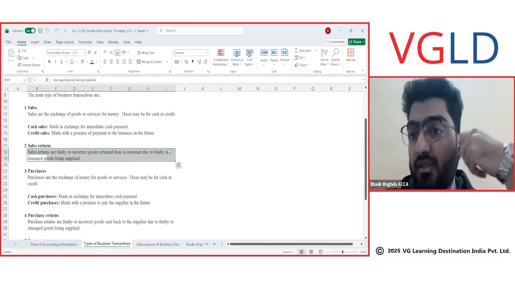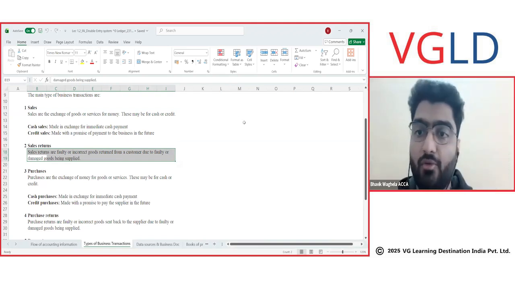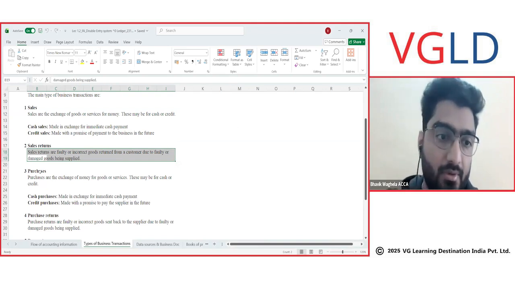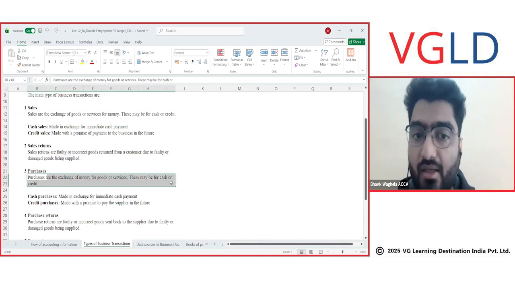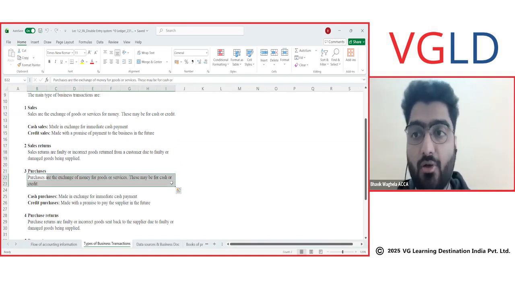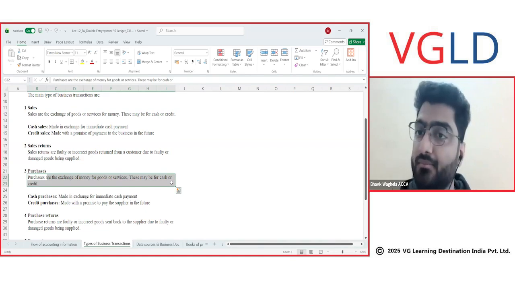Now, think from the other party's standpoint. I had sold certain goods to Manya. What does this mean? Manya has purchased goods from me, and again, this might be for cash or on credit.